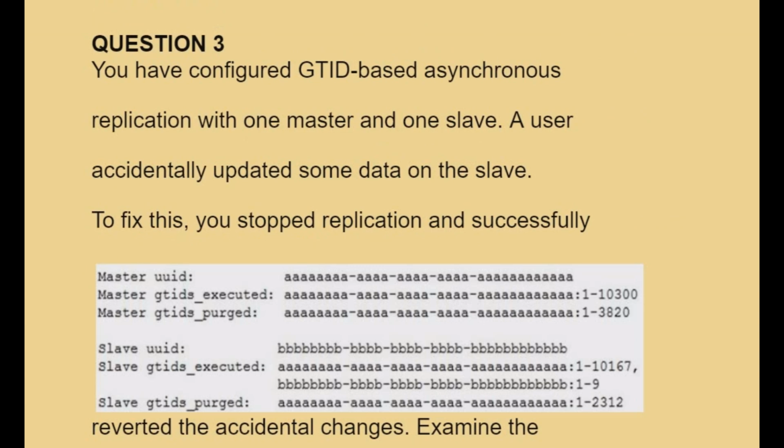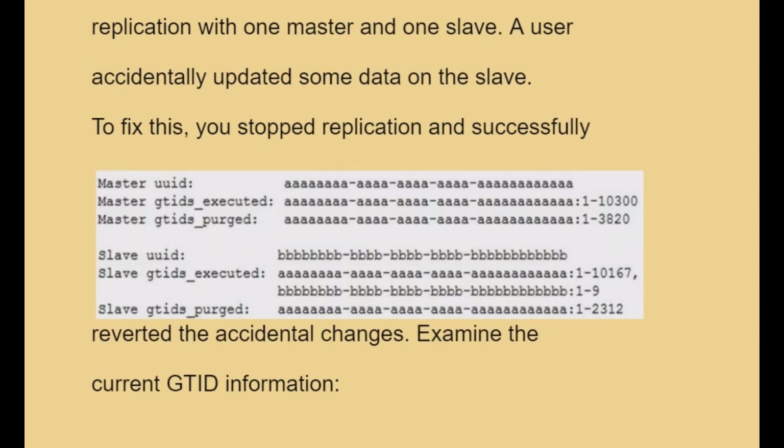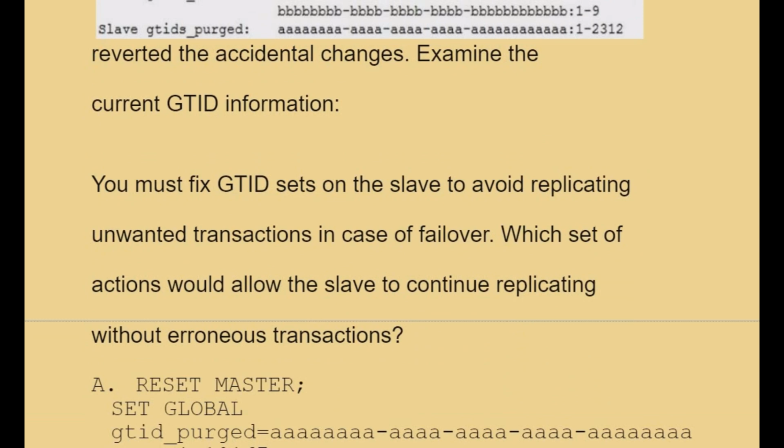Question is you have configured GTID based asynchronous replication with one master and one slave. A user accidentally updated some data on the slave. To fix this, you stopped replication and successfully reverted the accidental changes. Examine the current GTID information. You must fix GTID sets on the slave to avoid replicating unwanted transactions in case of failover.